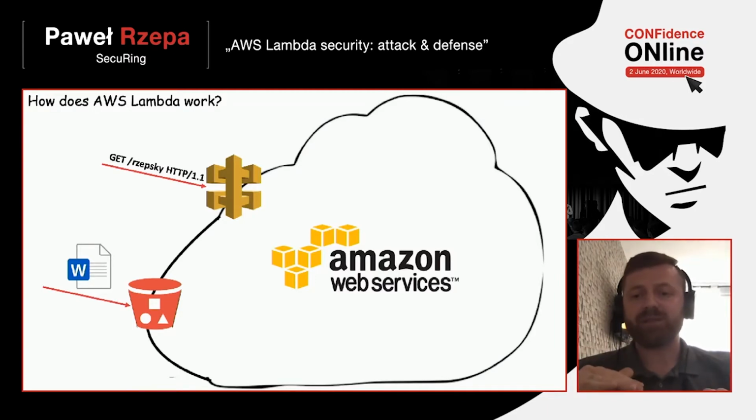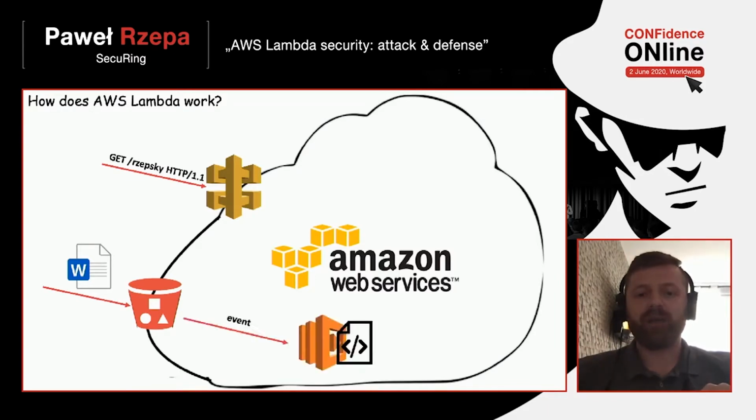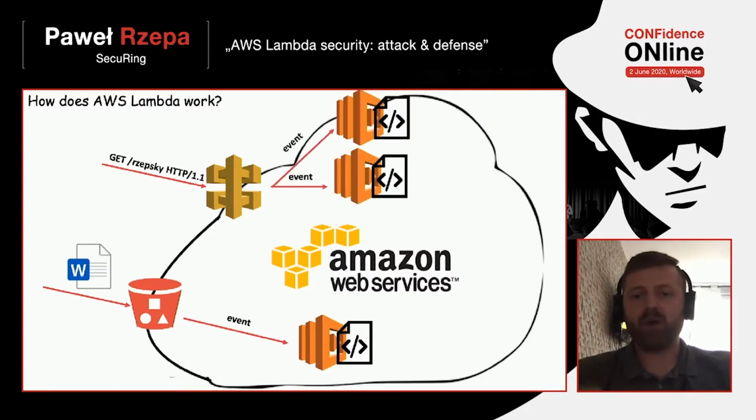The code execution is triggered by an event, and there are various event sources. For example, an event can be uploading a file to an S3 bucket or an HTTP request to API Gateway. The event triggers the Lambda runtime environment and executes the Lambda function code.